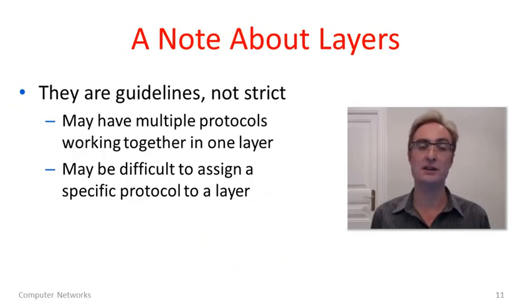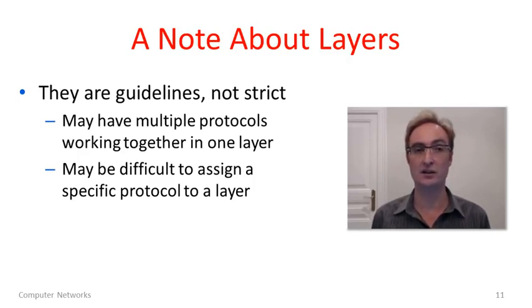And finally, to finish out this segment on layers, I want to tell you that layers, and our reference models, are really a guideline. They're not strict. In fact, you might have multiple protocols operating at the same layer, and there may even be cases when a particular protocol is difficult to assign to a layer. It might not neatly fall into our layered framework here.